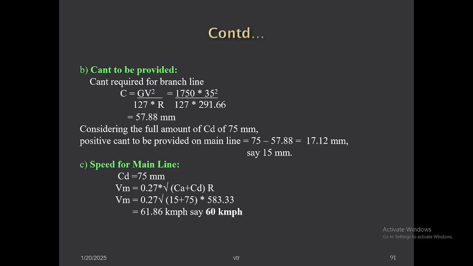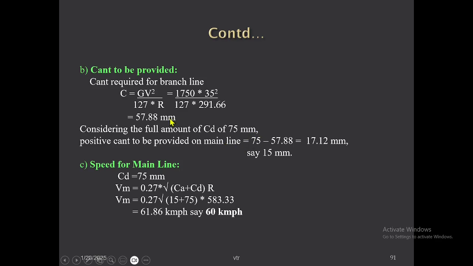So on the main line we should try to give superelevation, compromising the provision of superelevation on the turnout side, duly availing the cant deficiency. So instead of providing 57.88 mm cant, we are permitting the maximum cant deficiency in the turnout, and so instead of providing positive cant, we are providing negative cant in the branch line.